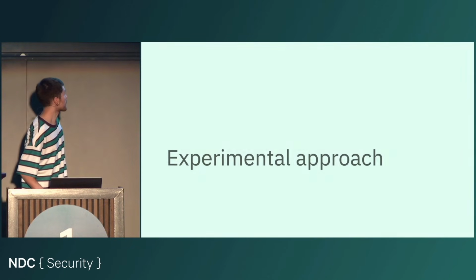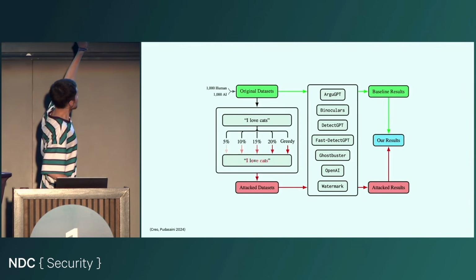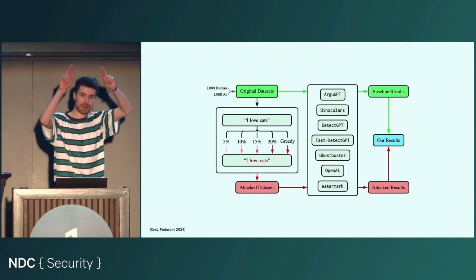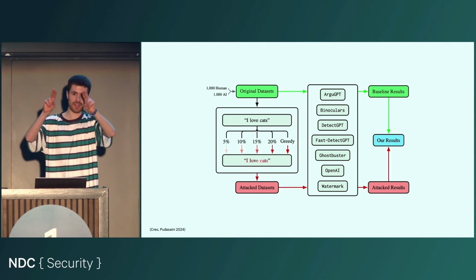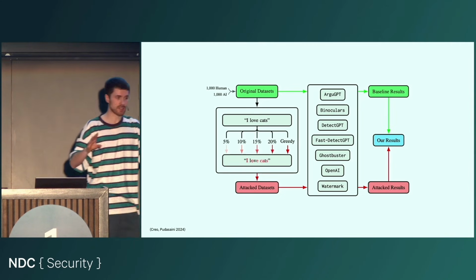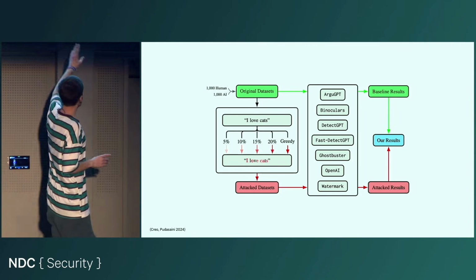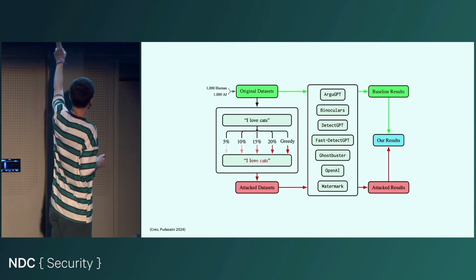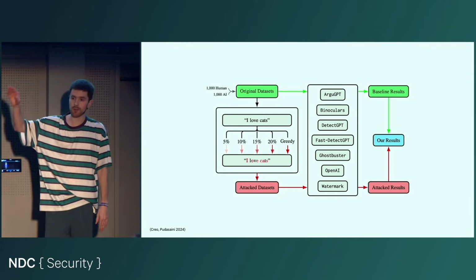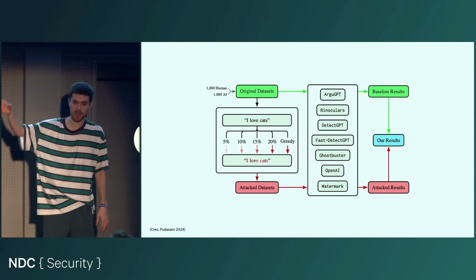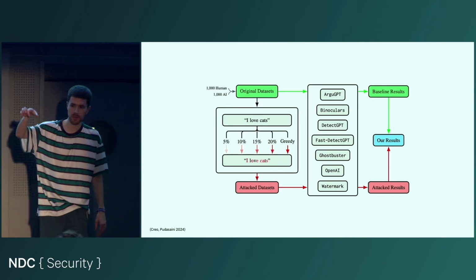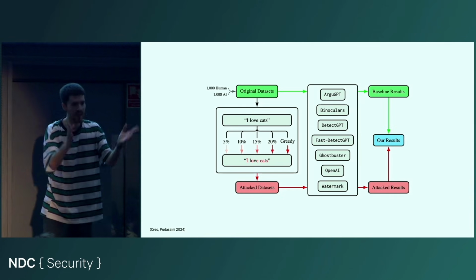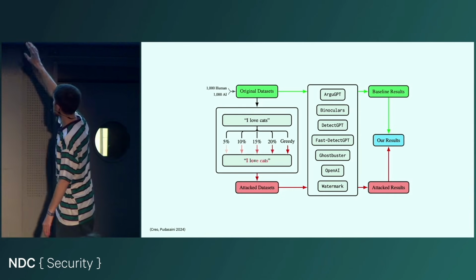So I'll tell you what I did. I started with 1,000 human texts and 1,000 AI texts, okay? Data sets of generated texts. And then I just replaced the text with different percentages. So 5% homoglyphs, 10% homoglyphs, 15, 20, everything you can replace.